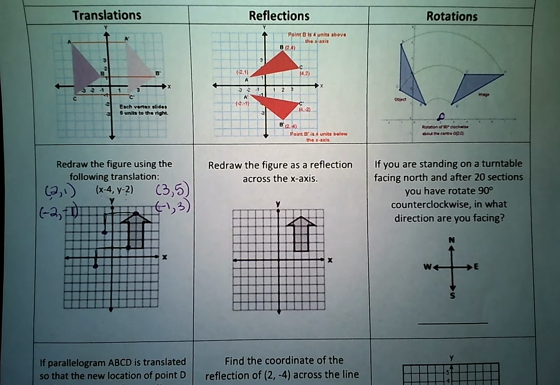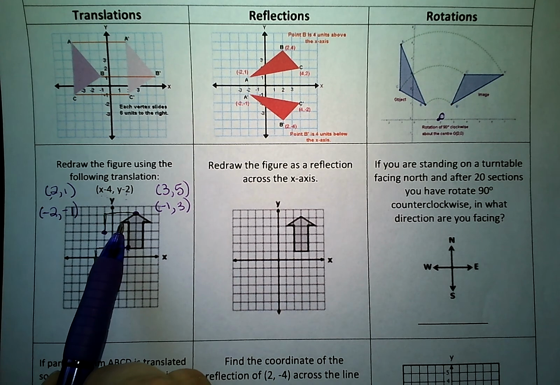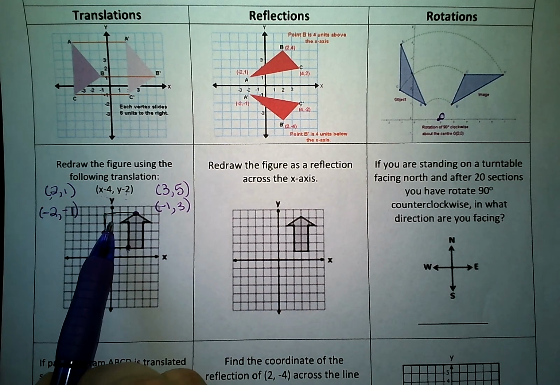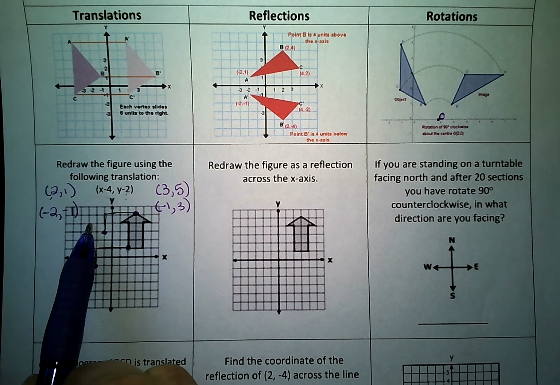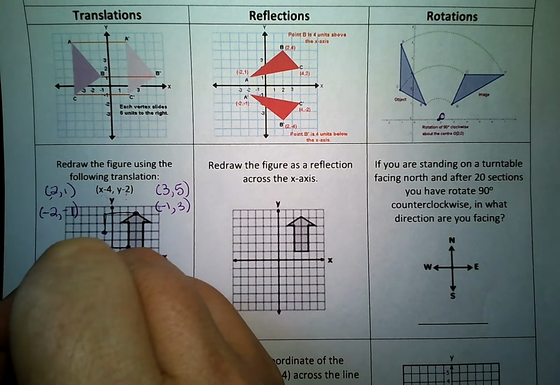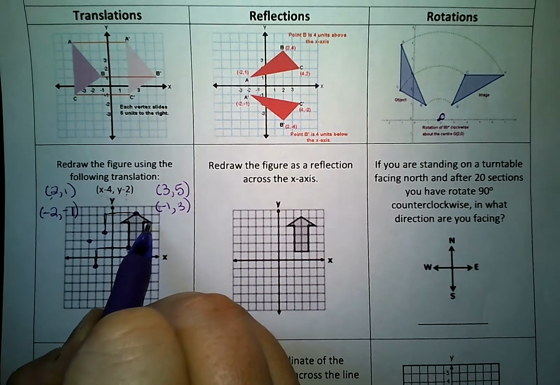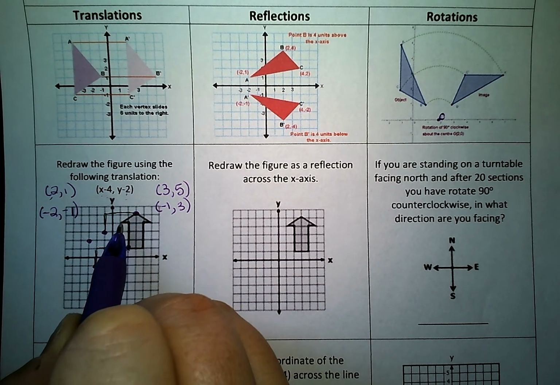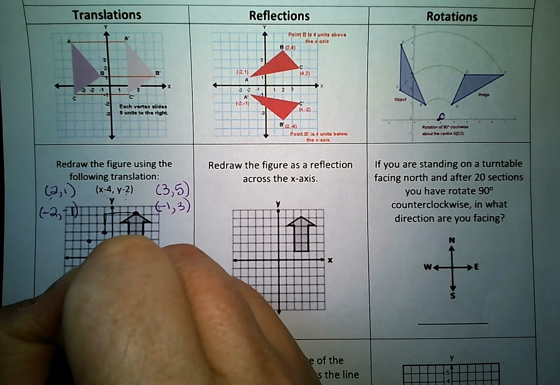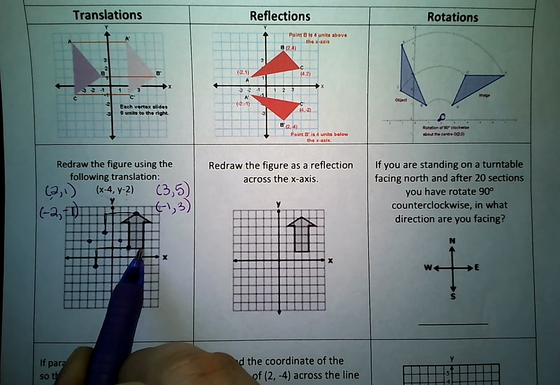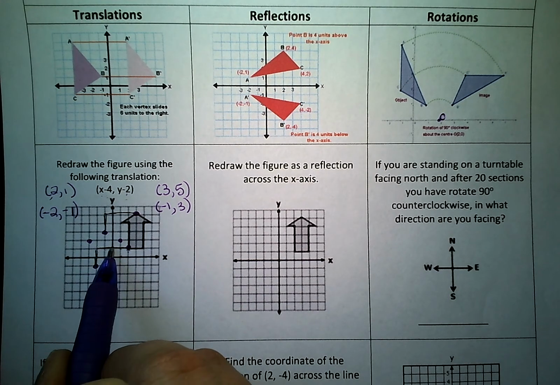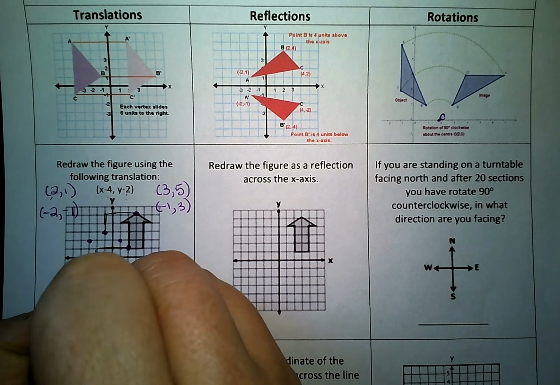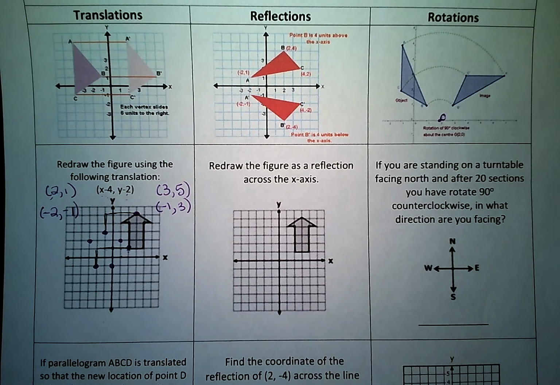So I'm going to grab a whole bunch of different points and start moving them. How about the side here? Left 4, 1, 2, 3, 4, down 2. That lands here. The opposite side, left 4, down 2 here. The bottom right corner, left 4, down 2 here. And now I can redraw the image.